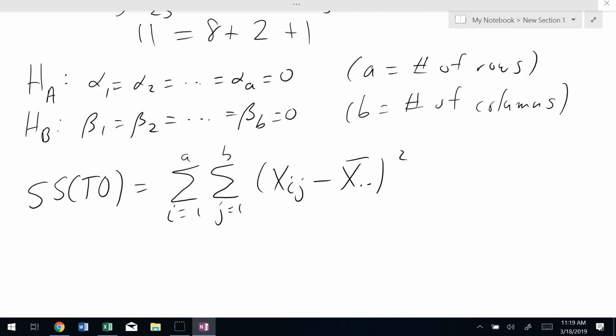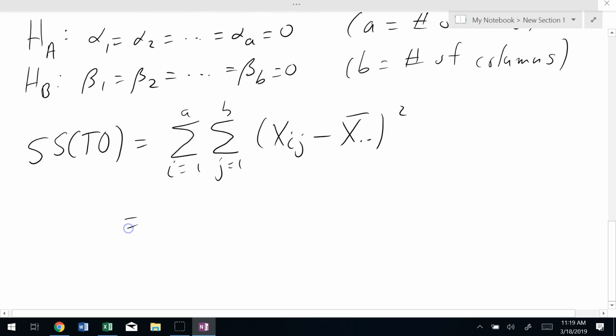Now we're going to do the same kind of trick that we did last time. We're going to add and subtract some things in here and regroup some things. This is on page, sorry, go ahead. You said it's a times b minus 1? Yeah, a times b minus 1, yep. We're going to regroup some things, add and subtract some things, much like what we did before.